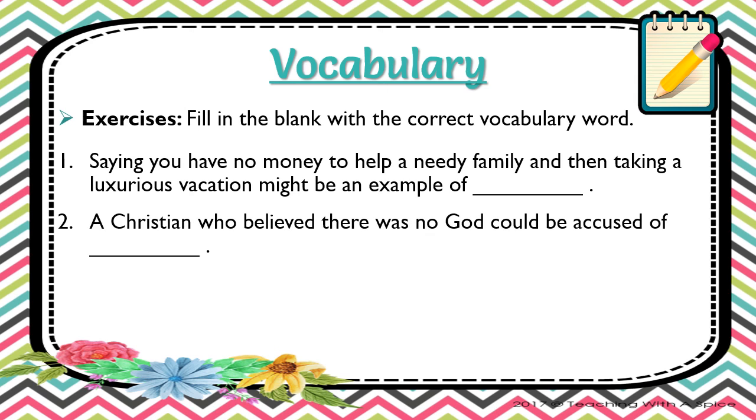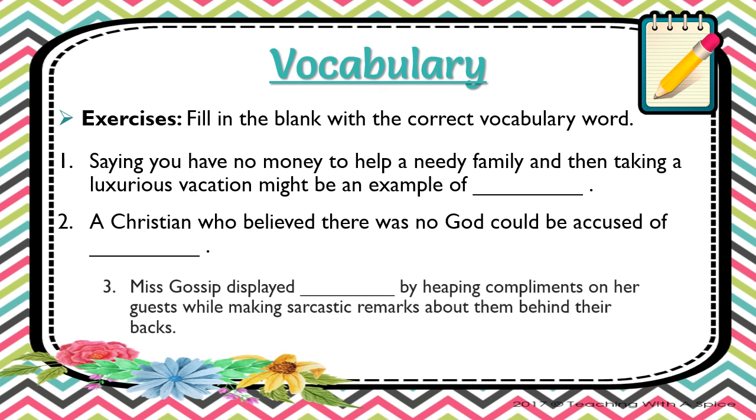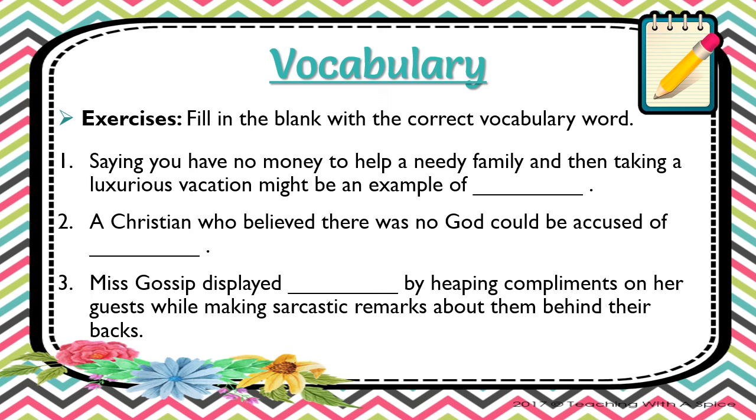Number 2, a Christian who believed there was no God could be accused of blank. And number 3, Miss Gossip displayed blank by heaping compliments on her guests while making sarcastic remarks about them behind their backs. So what would she be displaying?